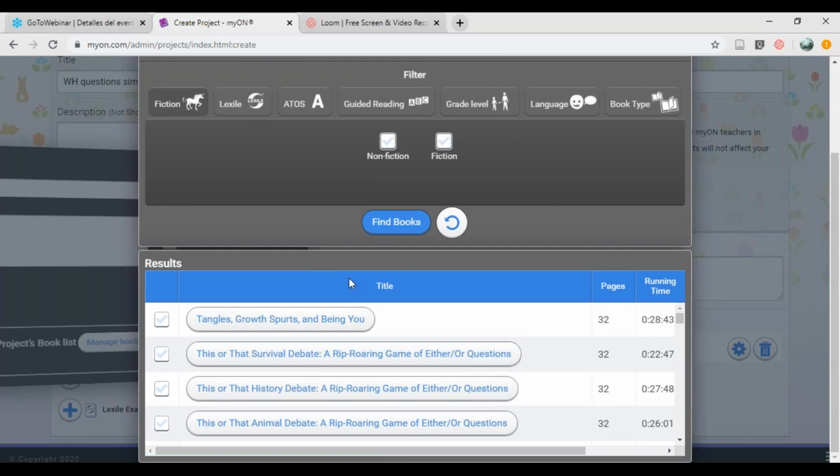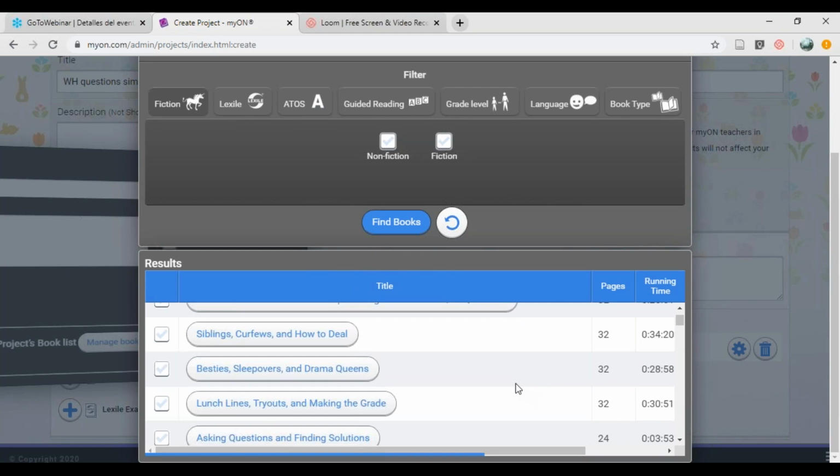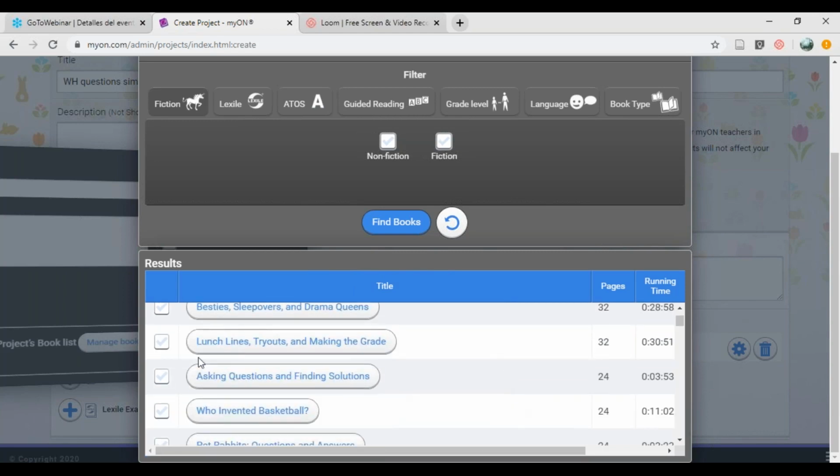Or if, for example, I don't want to do this step, I can directly add it to my bundle or to my list and add it to my project later on.